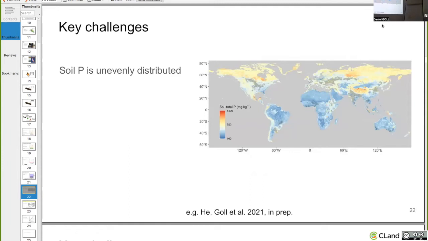I labeled them here. On the one hand, soil phosphorus is very heterogeneously distributed among soils. Here are recent estimates I did with colleagues in China, and you can see that the total soil phosphorus stock is much lower in tropical regions than in the higher latitudes, and this is because these soils in the tropics are very old. And the older the soil, the more time has passed in which the soil would lose phosphorus.